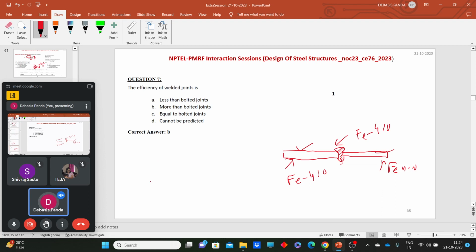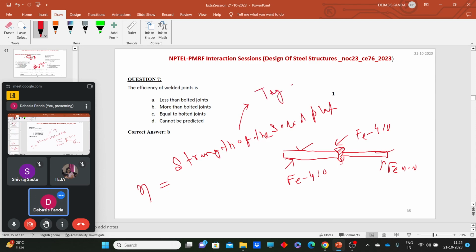And how can we calculate the efficiency of the joint? Efficiency of the joint is the strength of the joint divided by the strength of the solid plate, multiplied by 100. How can we calculate the strength of the solid plate? Tdg equals Ag Fy by gamma m0.